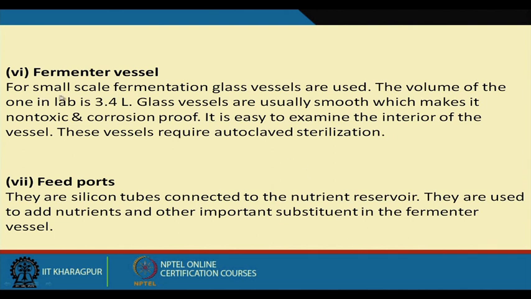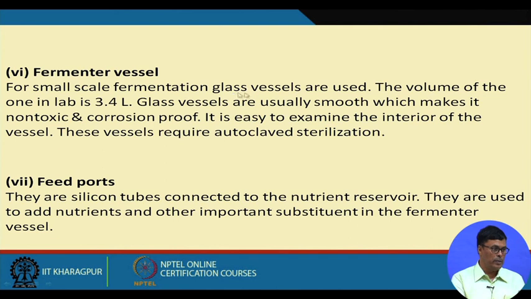Then fermentation vessels. I told you, in the small fermenter we usually make glass vessels so that we can see outside. But in industry we use stainless steel, because stainless steel can resist high acid concentration; in most fermentation processes we produce a lot of organic acids, and organic acids have a corrosive effect on the materials of construction.